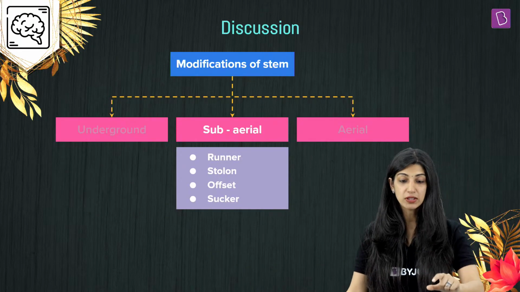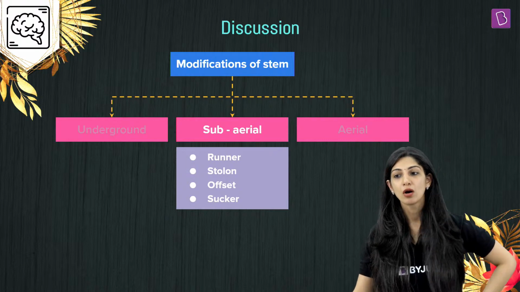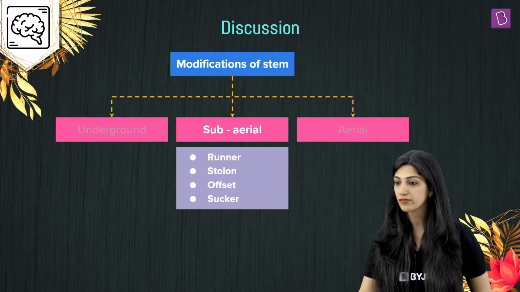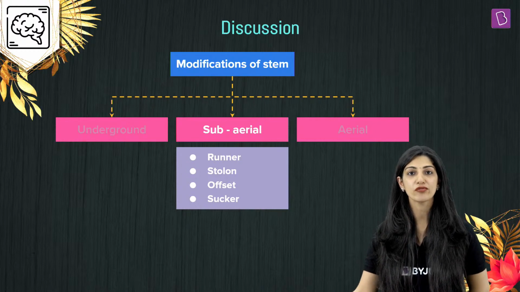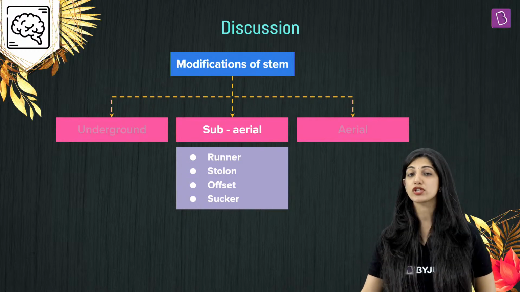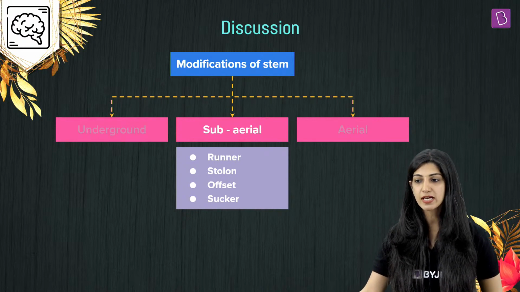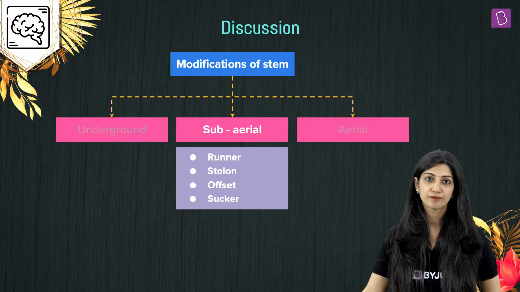Now, let's move further to the subaerial modification. Well, ma'am, why does subaerial modification happen? You had said we should always understand the why behind the modifications. Subaerial modifications happen to propagate better. These kind of stems propagate very fast.